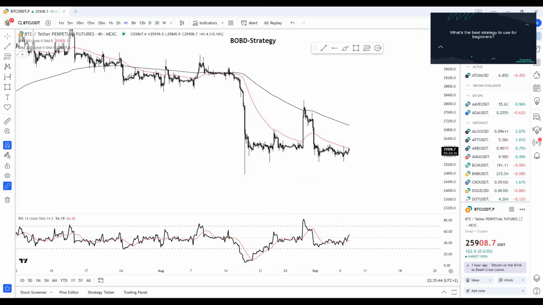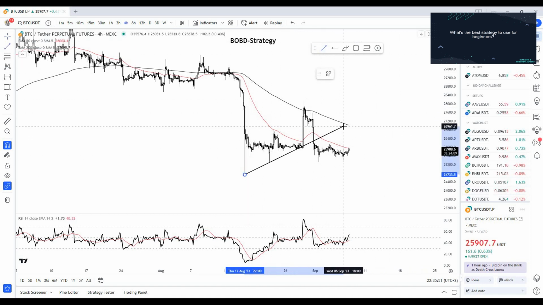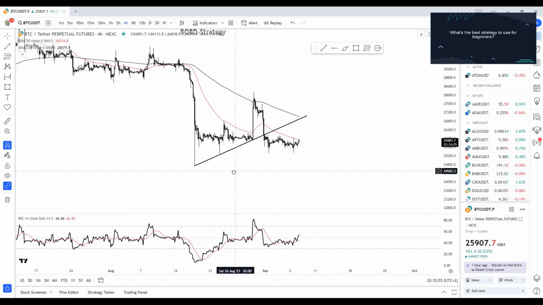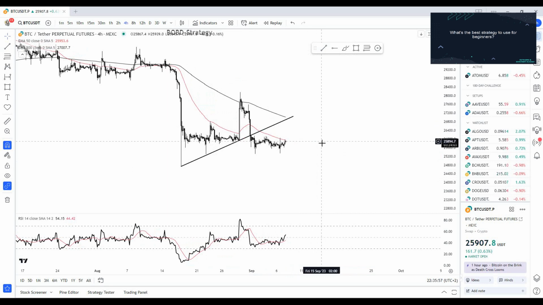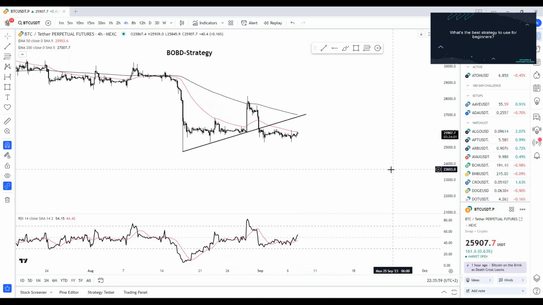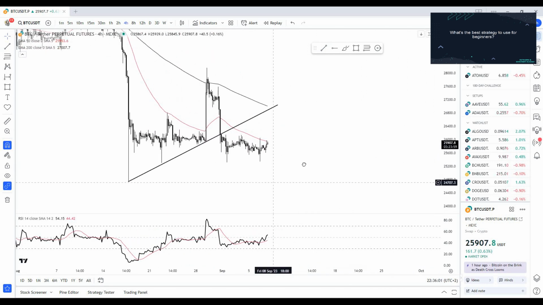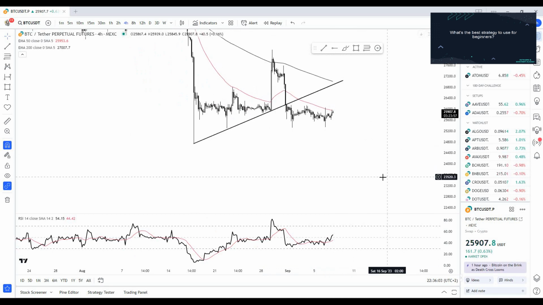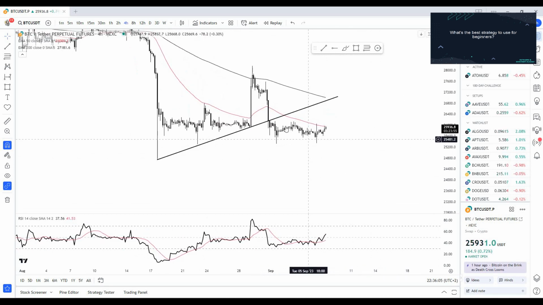So let's say I see a trend line here. It's always easier, of course, in hindsight, but this is also for you guys to explain. So I see we're on the 4 hours.